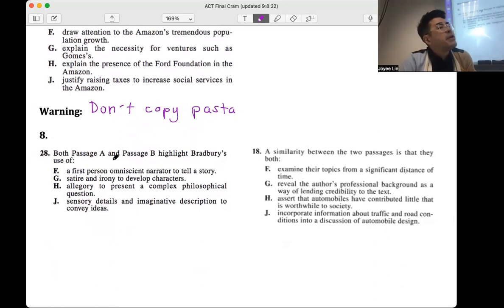And then on the comparison passages, right? Especially when you have two, especially if they're written at different times, you want to be as broad as possible. So if you have two humanities passages, which one do you think would be the most broad and could apply to the widest number of passages?